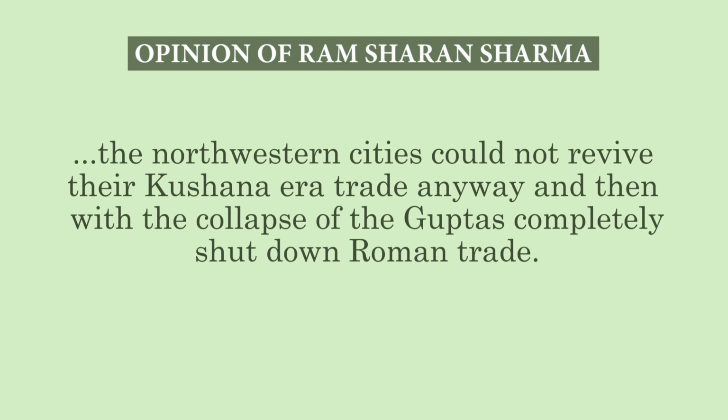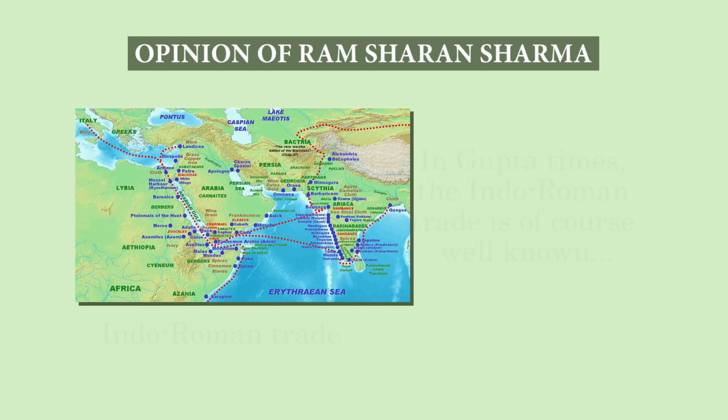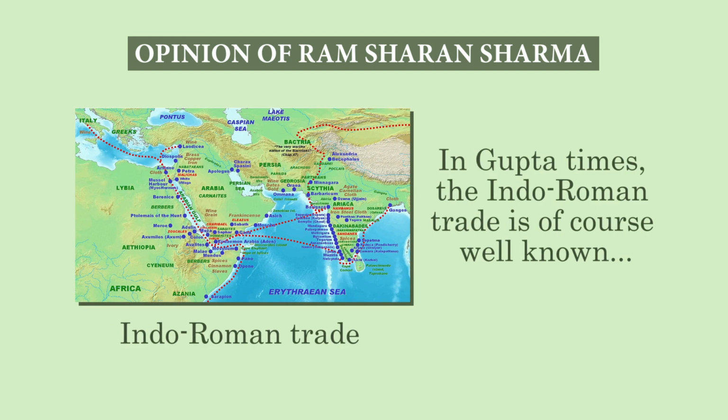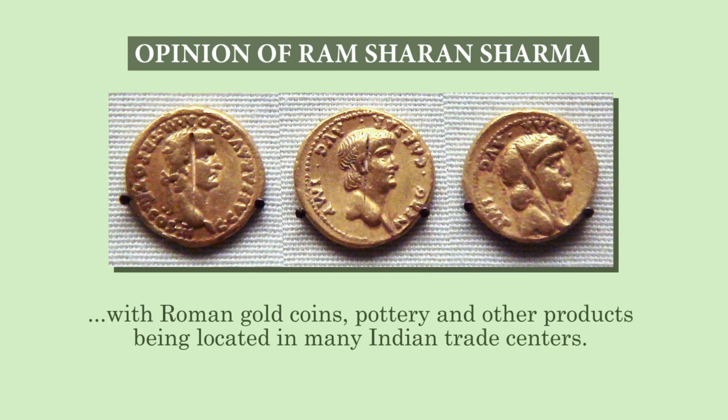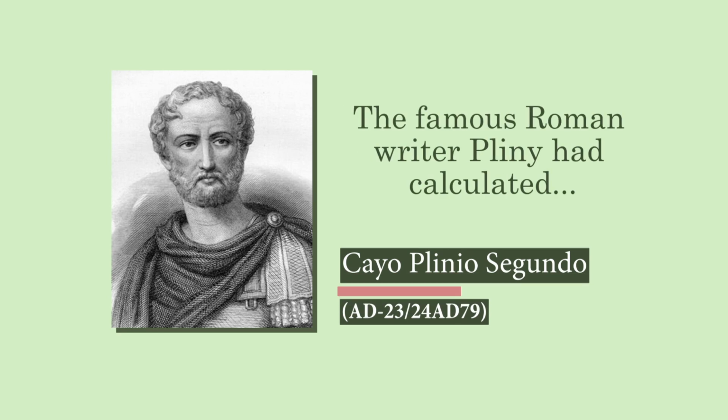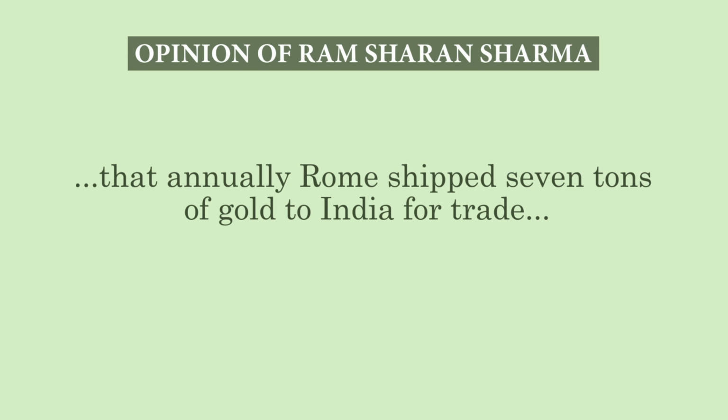And then, with the collapse of the Guptas, the Roman trade was completely shut down. Now, in Gupta times, the Indo-Roman trade is quite well known, with Roman gold coins, pottery, and other products being located in many Indian trade centers. The famous Roman writer Pliny has calculated that annually Rome shipped 7 tons of gold to India for trade.